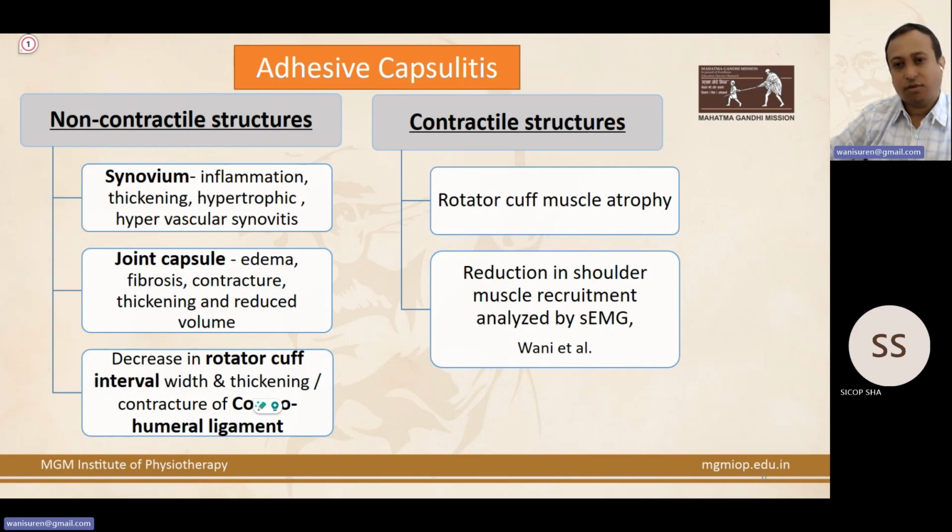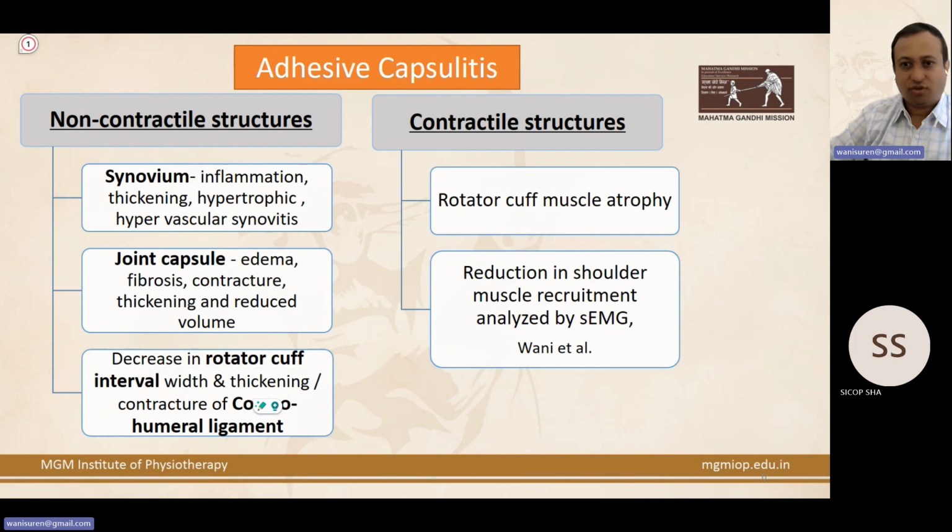However, very limited studies are found to confirm that the contractile structures are involved in adhesive capsulitis. During my PhD course, I worked on this, to explore whether the contractile structures are involved in adhesive capsulitis or not.